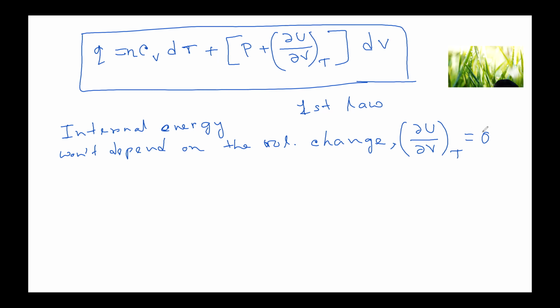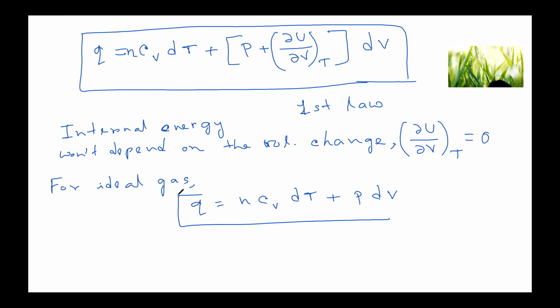So for an ideal gas, the first law takes the form Q equals nCv dT plus PdV. If 1 mole of gas is used, then Q equals Cv dT plus PdV.